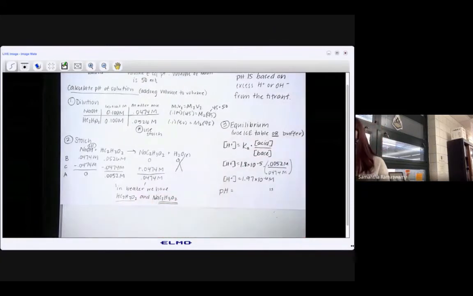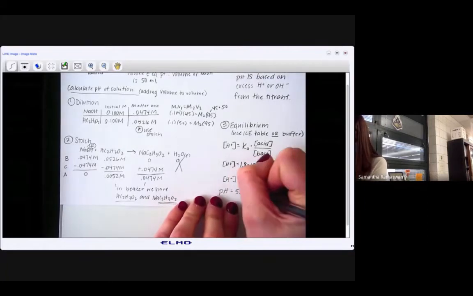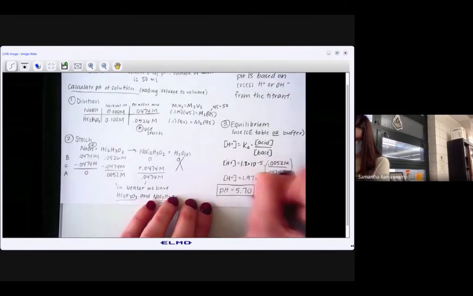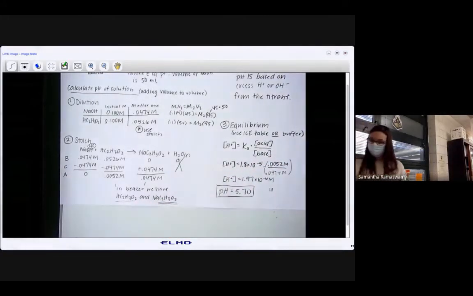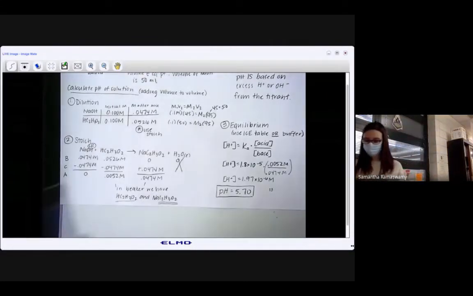If I have H plus, how do I find the pH? Negative log. 5.70. So calculating the pH, when you mix two solutions together, you have to go through dilution, stoichiometry, equilibrium.